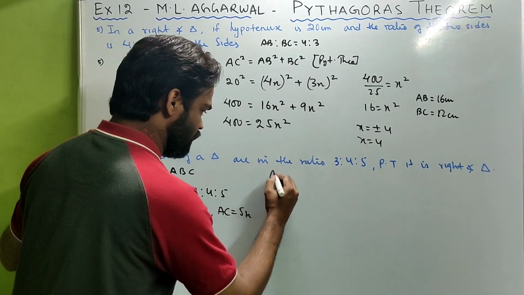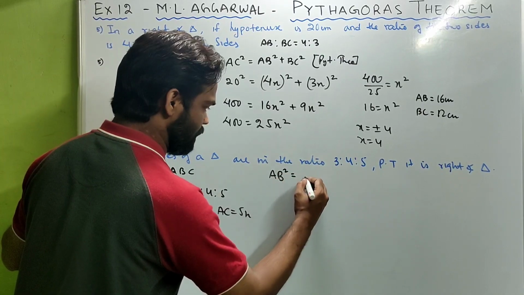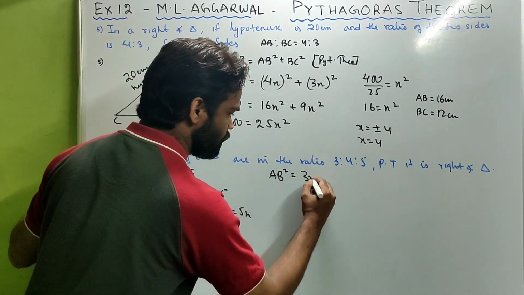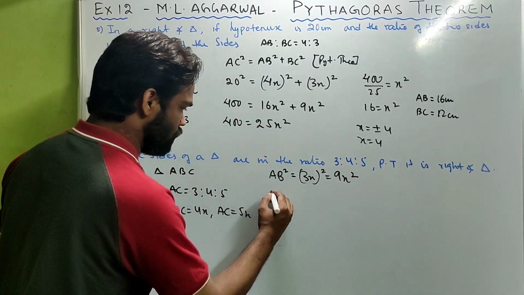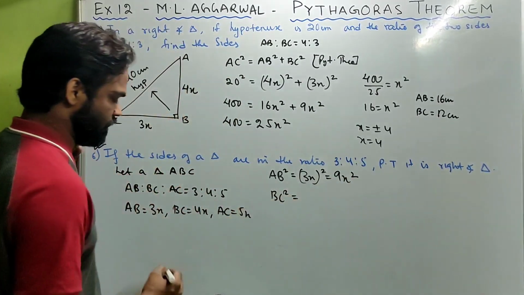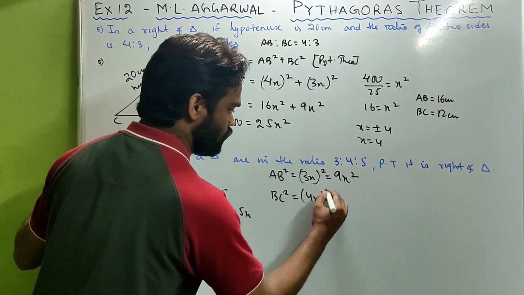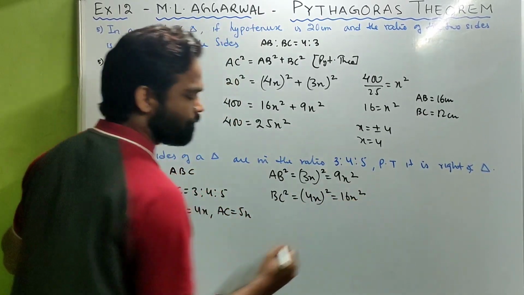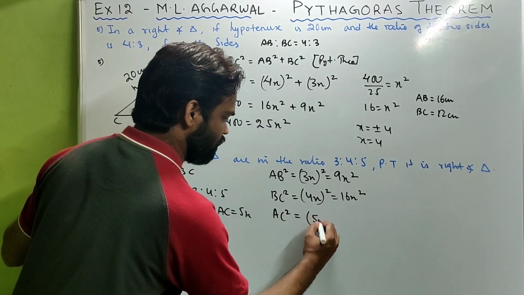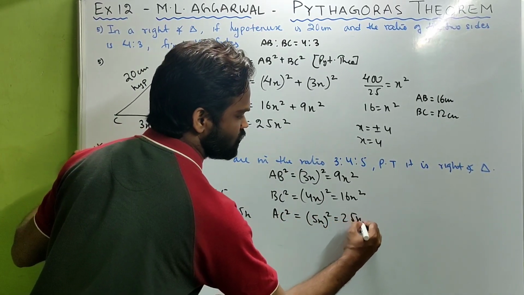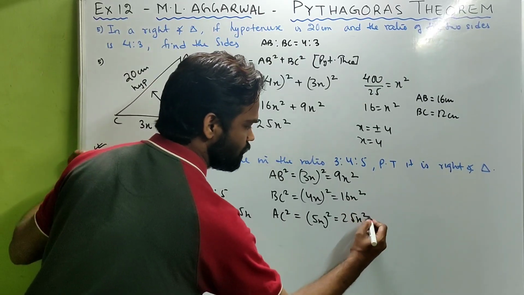Now, look carefully. AB square becomes 3x whole square, that's 9x square. BC square becomes 4x whole square, that's 16x square. AC square becomes 5x whole square, that's 25x square, isn't it?